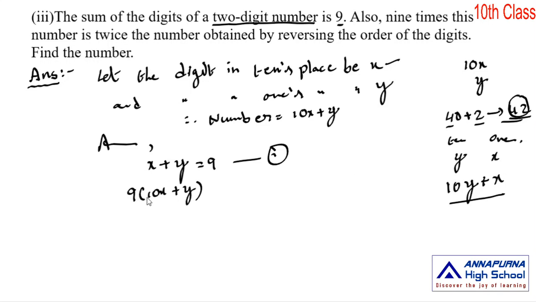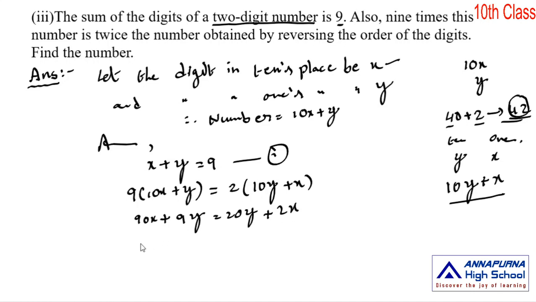So 9 times of the two digit number is 2 times the number obtained, that means 2 times of this new number. So it is equal to 2 into 10y plus x. Now simplify this. 9 into 10x, 90x plus 9y is equal to 20y plus 2x. When you transpose all terms to left side, 90x plus 9y minus 20y minus 2x is equal to 0.